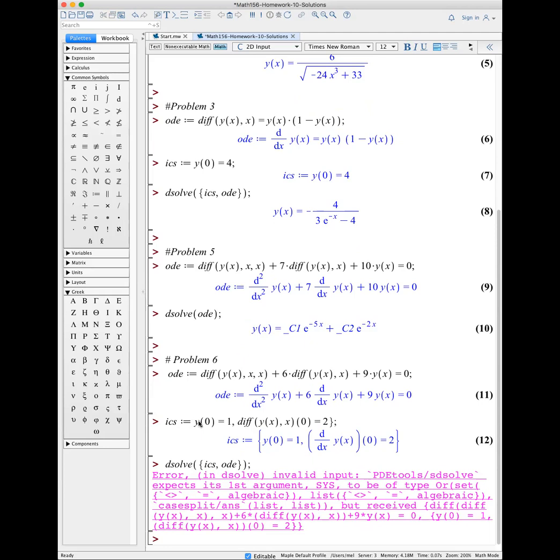You can use diff to find the derivative, but when I did finding the derivative, I just used capital D instead. Often many things will work and many things won't. So the first derivative in this problem is 0, and the second derivative is 2.